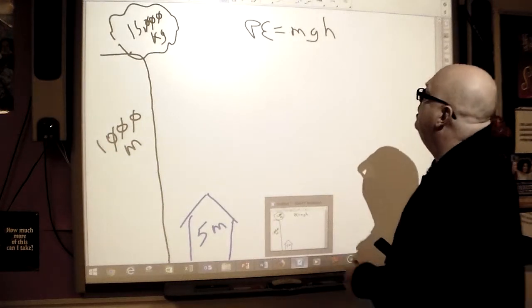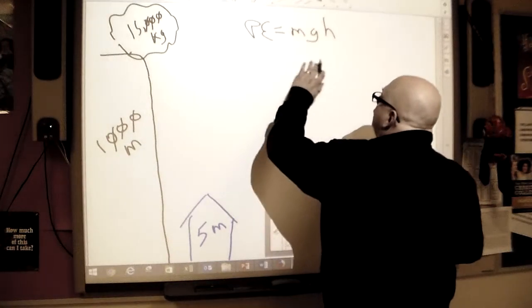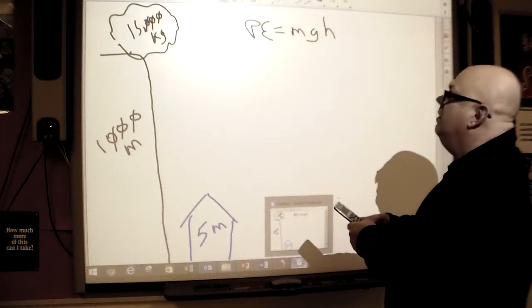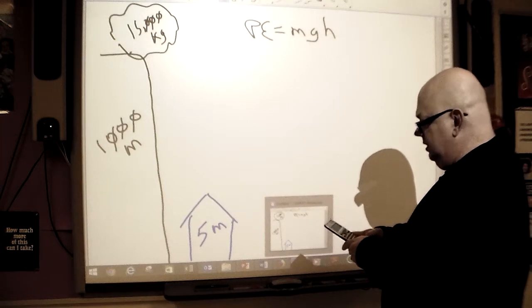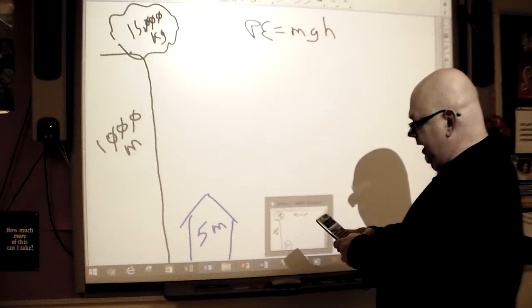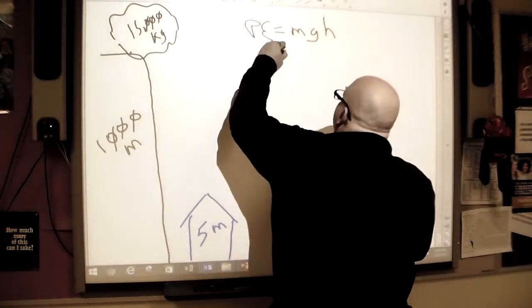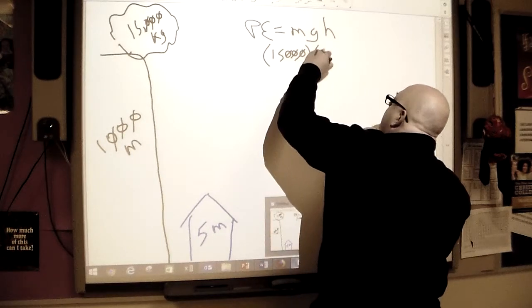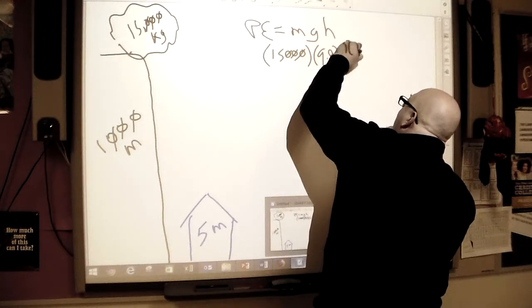All right. So with that, we've got P equals mgh. Let's see how much that is. We have 15,000 multiplied by 9.8 multiplied by 1,000.